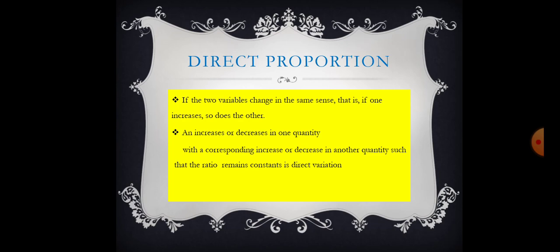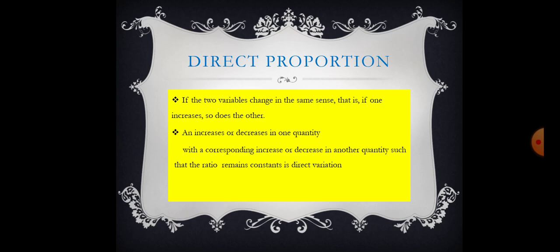If two variables change in the same sense, that is, if one increases, so does the other, or if one quantity is decreasing, the second quantity also decreases, then this type of proportion is known as direct proportion, in which the same condition is going on with both variables.